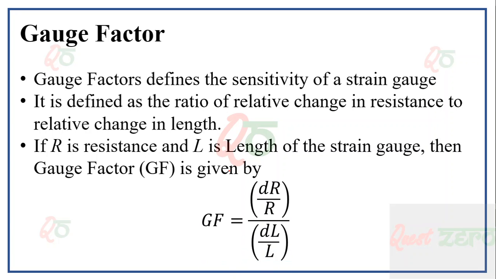Mathematically it could be represented as dR/R divided by dL/L, where dR/R is the relative change in resistance and dL/L is the relative change in length. The ratio of relative change in resistance to relative change in length gives you the gauge factor, and the gauge factor should be good for a particular strain gauge.